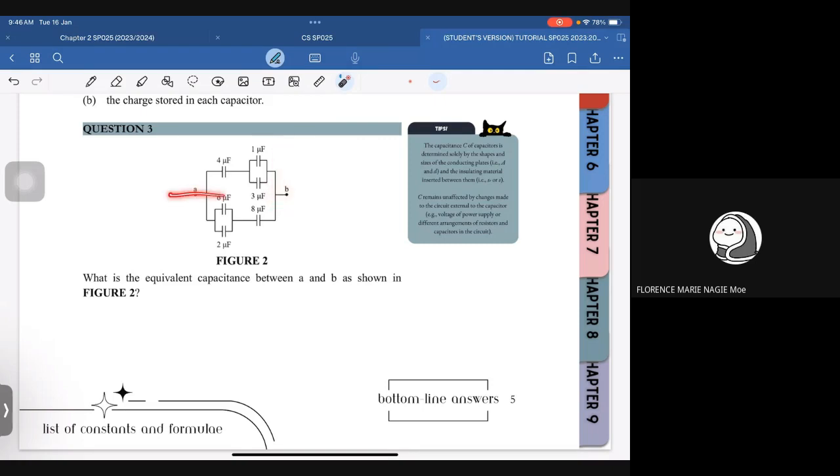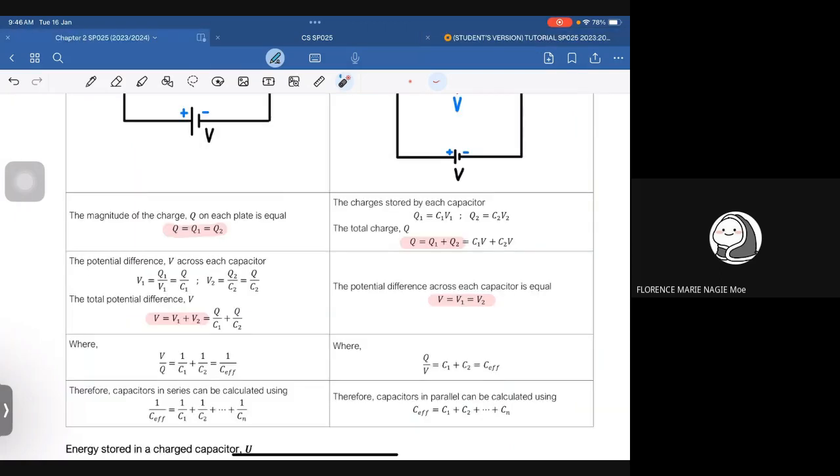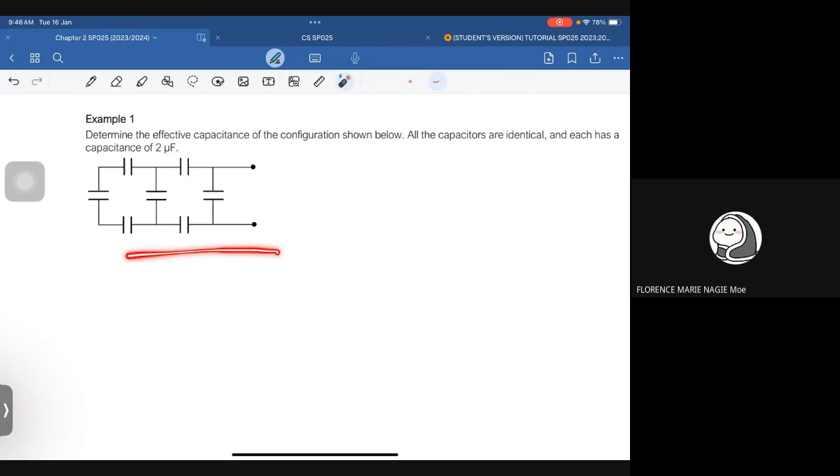Okay, so kalau dia di middle, kamu kena start dari atas pergi bawah, dari bawah pergi atas. So kiranya kamu end at the middle part here, which is mana dia tulis lah, which is A and B. Sama juga kalau yang ini, kamu kena simplify towards the battery. Kalau kamu tengok soalan yang macam ni, kamu tak boleh simplify macam ni.